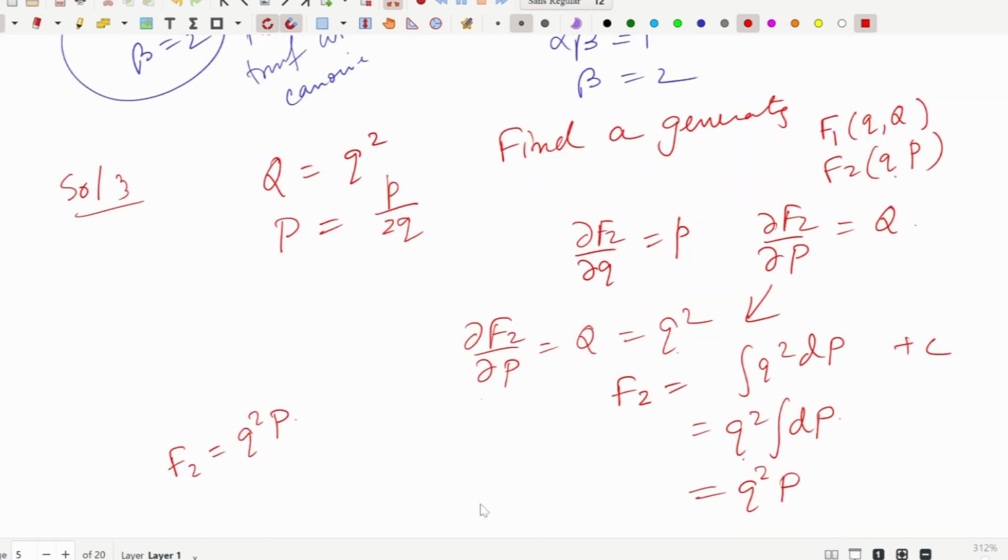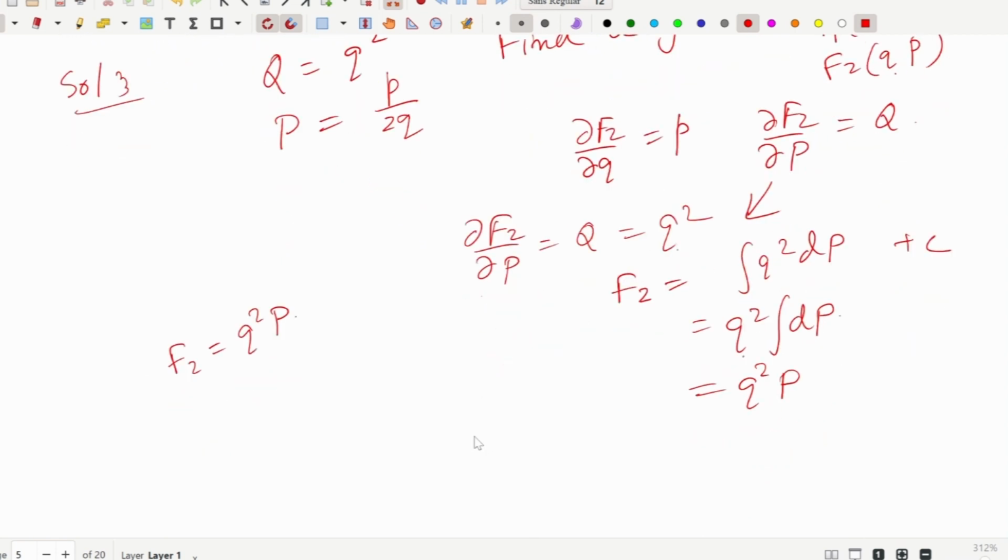Okay. So, one generating functional for this will be q square P, and you can check whether this is correctly producing the canonical transformation. For example, del f2 del q will be 2qP. Now, this is supposed to be small p, so small p is equal to 2qP.